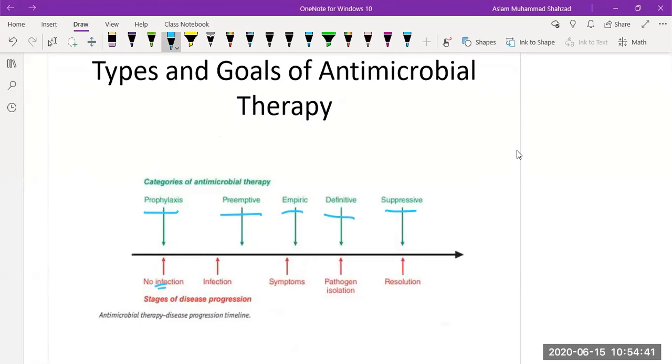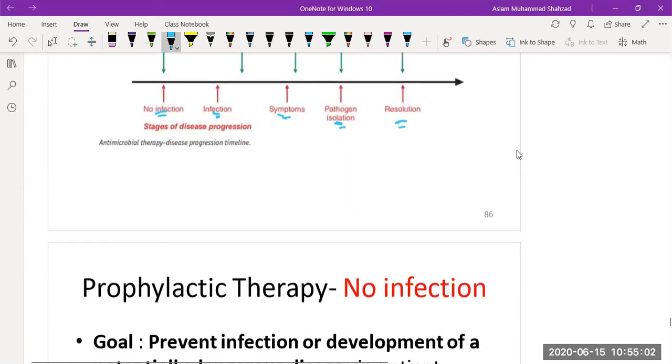Then preemptive is just like the infection has just started but there are no symptoms. Then in the empiric case the symptoms have started. In the definitive case, we confirm the pathogen, we come to know which microorganism caused that disease. Then suppressive, we try to solve that problem. So this is a cycle of the types and different goals of antimicrobial therapy.